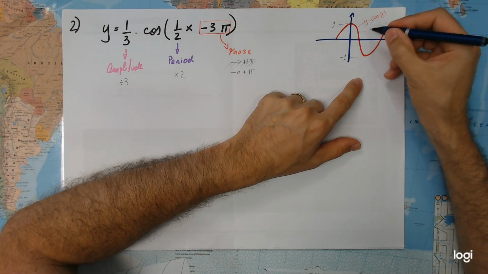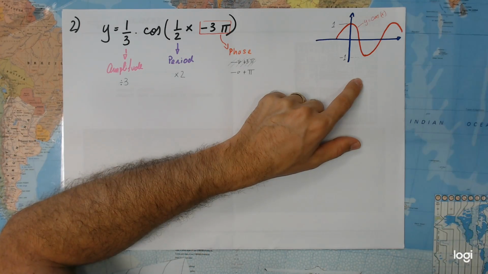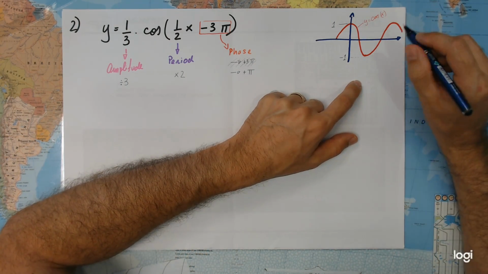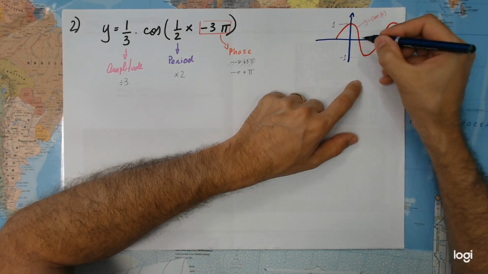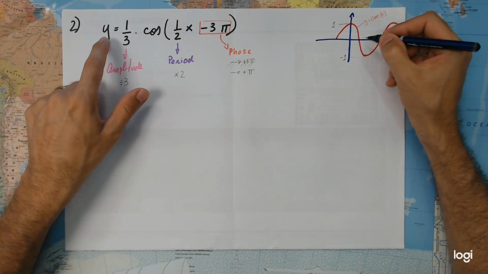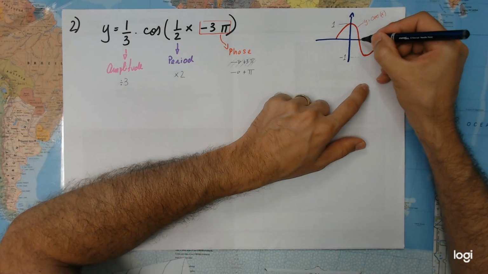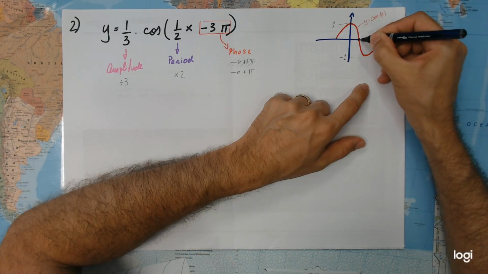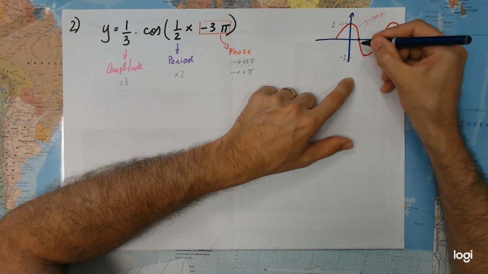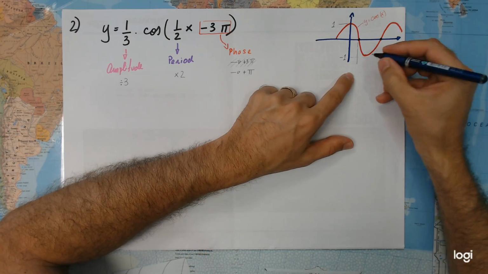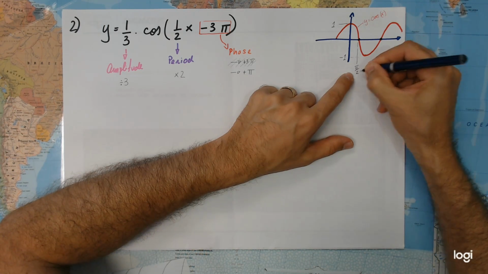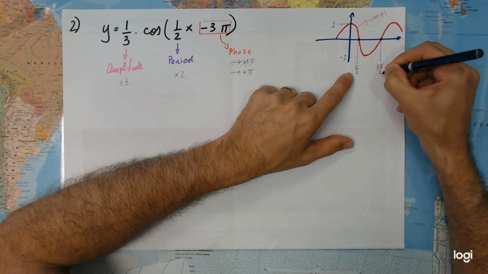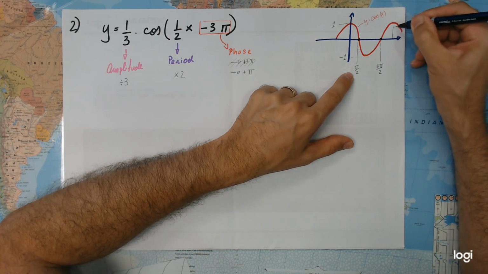We have to know these points in here because I'm always interested in the roots of the function. The function roots are always where this curve meets the 0, whenever we have y equals 0, and those points are very important for me. This one is going to be pi over 2, and this one is going to be 3 pi over 2. Why? Because this is going to be 2 pi.